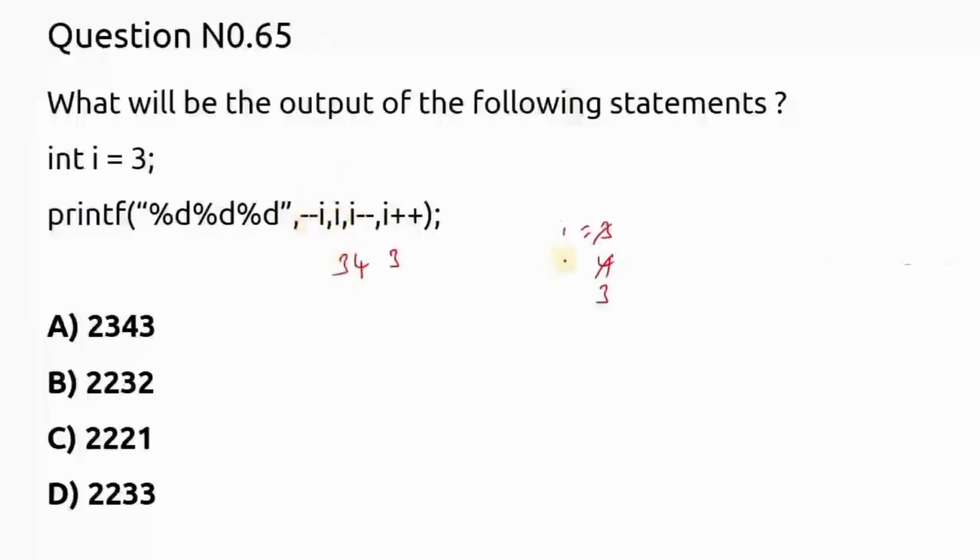Now coming to here, what is I value? 3. So it is pre-decrement. So first decrement I value, next print I value. So what is I value now? 2. So like this it will happen. The output will be 2 3 4 3. So option A is the correct answer.